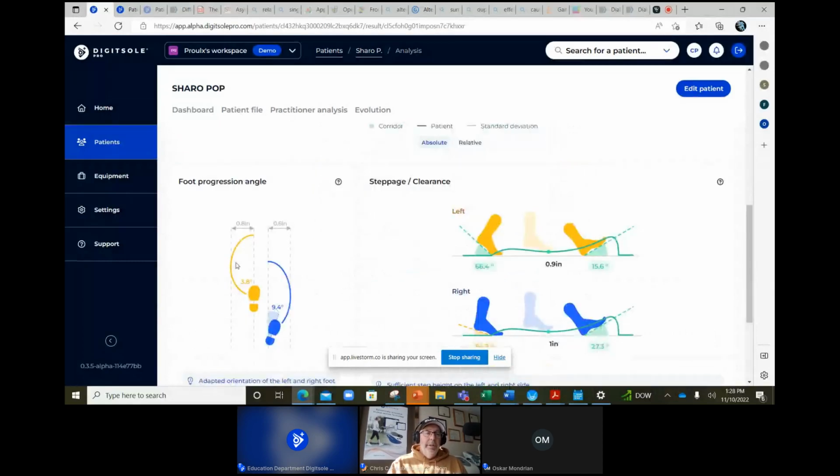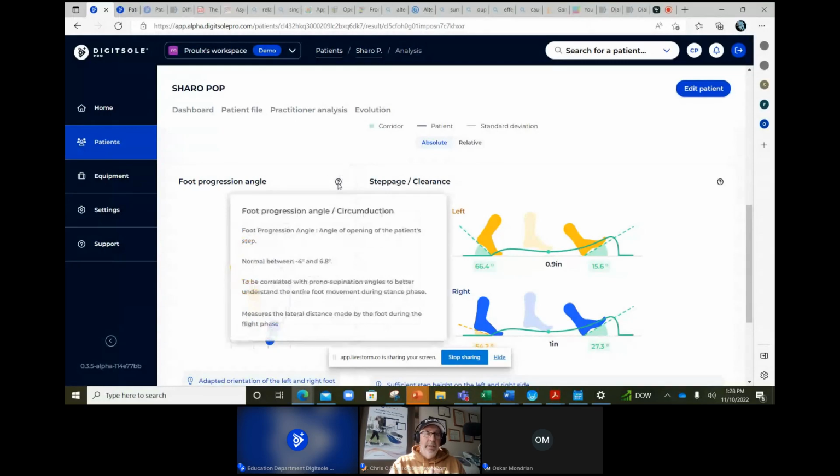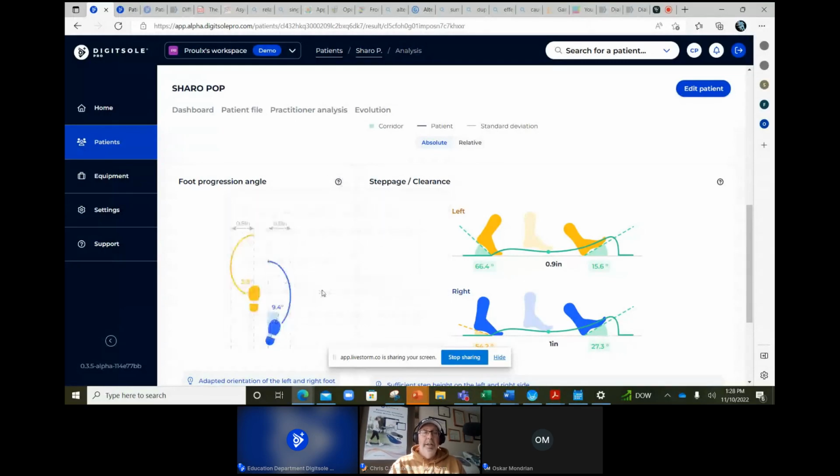Now we can look at the foot progression angle and the circumduction. The foot progression angle is the amount of toe out position as they're going through that swing phase and then come into ground contact again, so that's in the Z axis. I get this question a lot because the variability is huge.